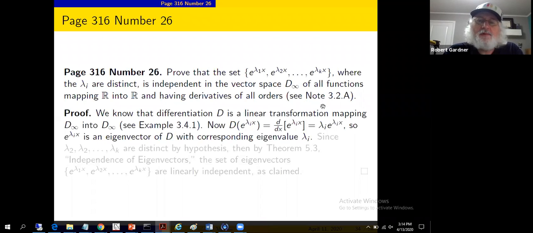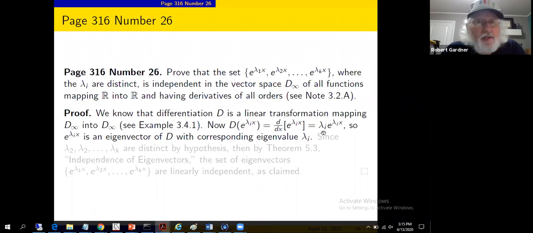Okay, so we'll introduce the linear transformation of differentiation. When you differentiate e to the lambda ix, you get lambda i e to the lambda ix for any of these i equals, what, 1 through k? Okay, so we've applied a linear transformation and we got a scalar multiple of what we put in.